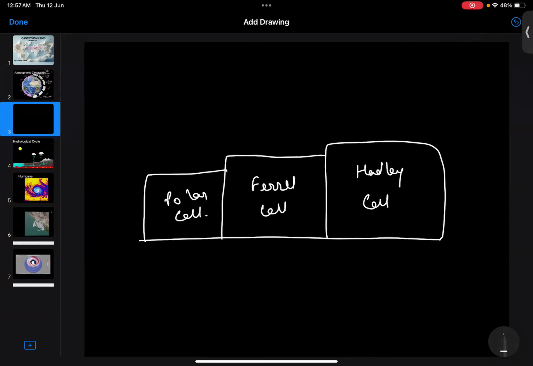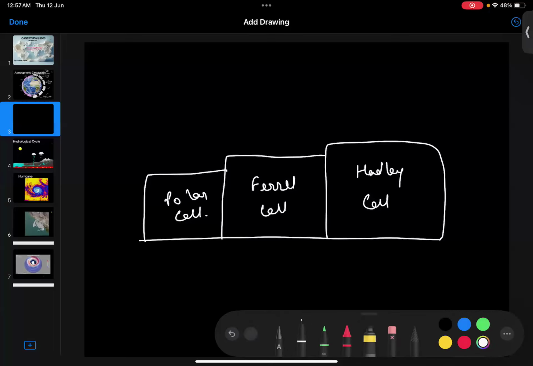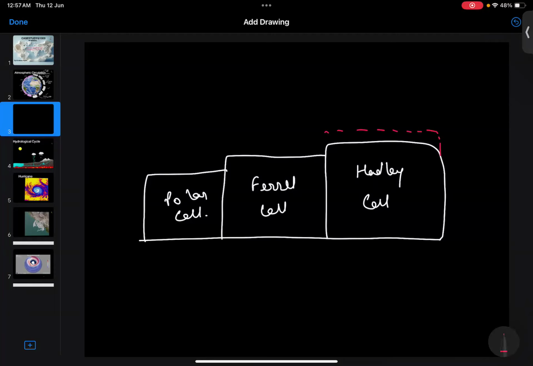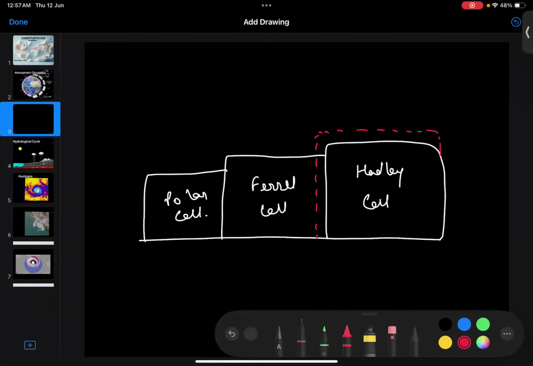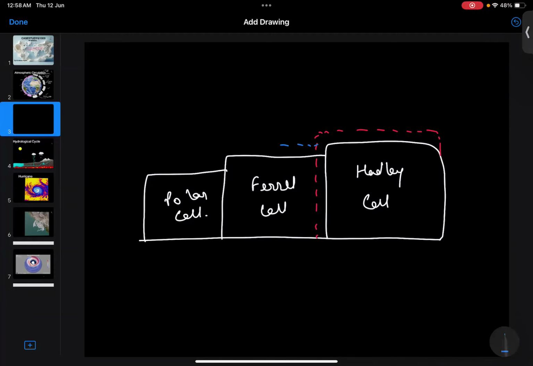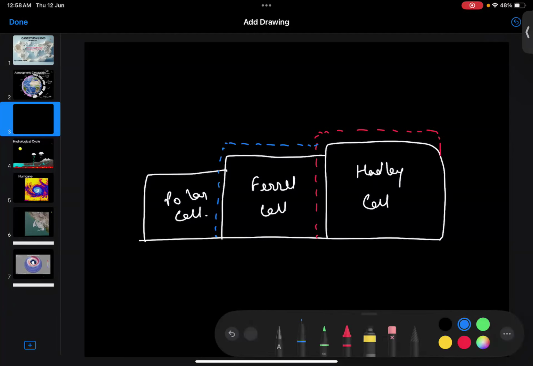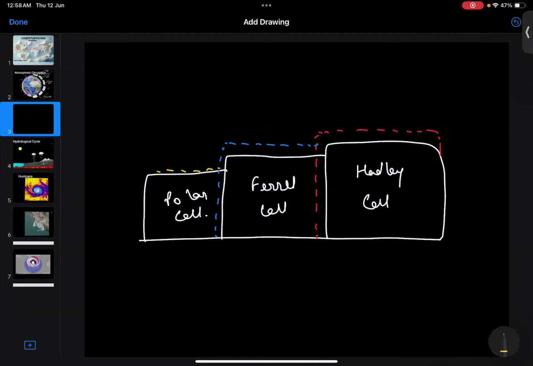Okay, so here we see that because of the change in climate, the Hadley cell here is getting expanded. Okay, and in the second part, we'll be seeing that the Ferrel cell is also getting a bit expanded, because of which the polar cell here is getting quite shrunk.